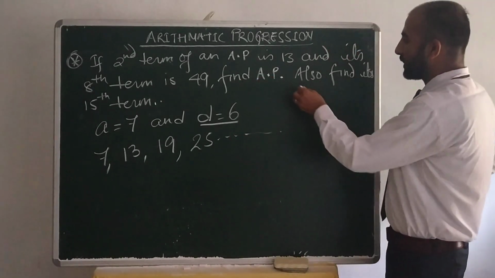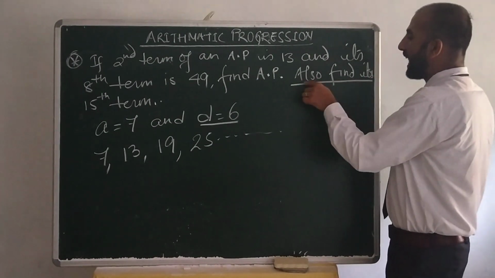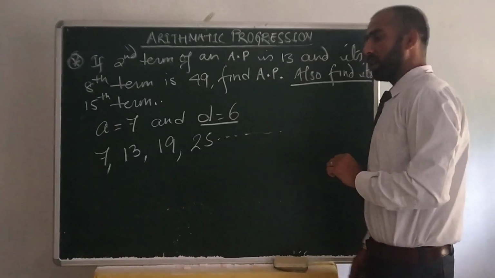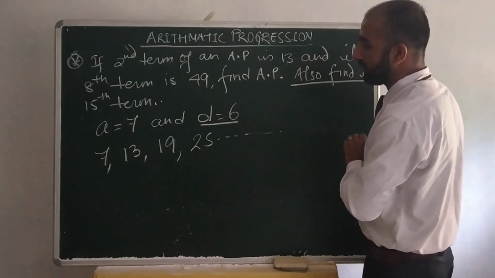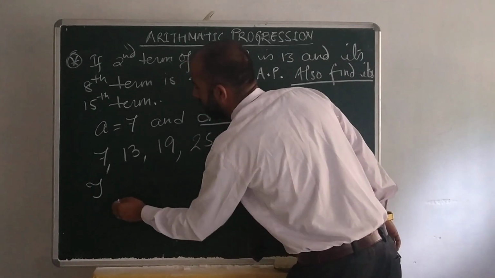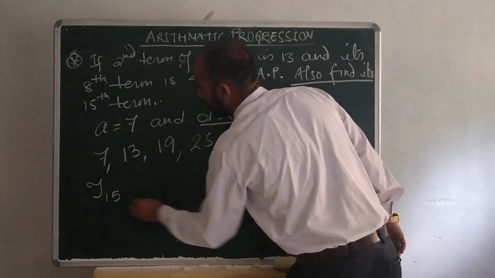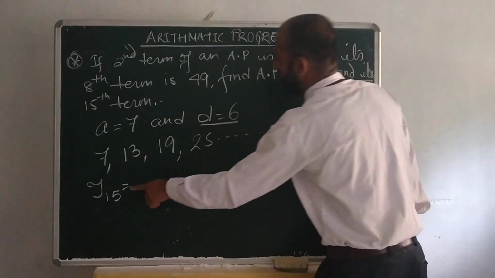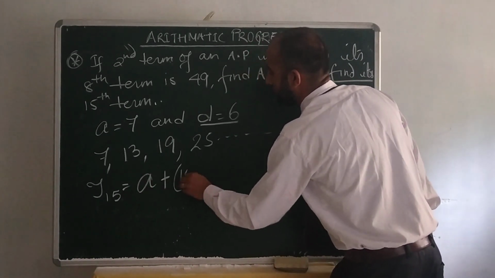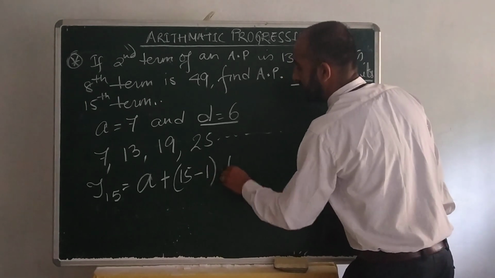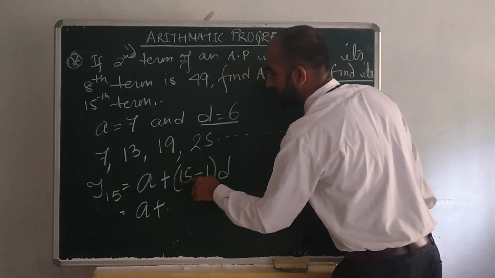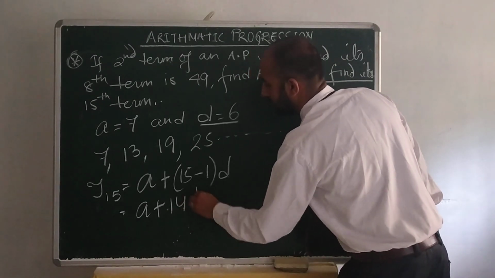Now the connected question here is also to find its 15th term. So we got the first term, we got the common difference. Now we are going to use the term formula T15. So T15 means a plus (15 minus 1)d, that is a plus 14d.